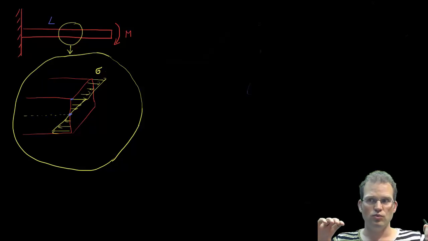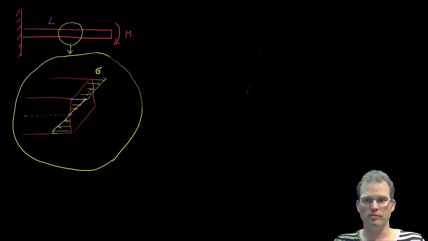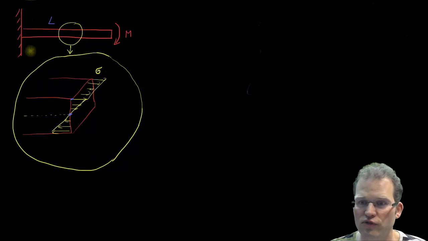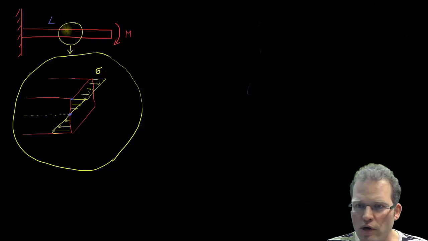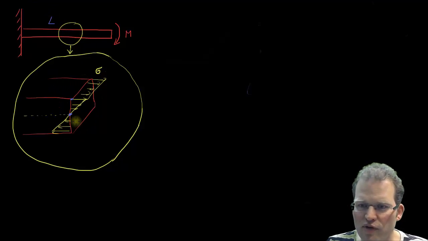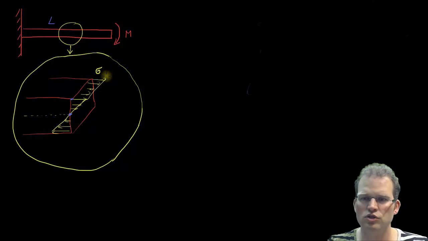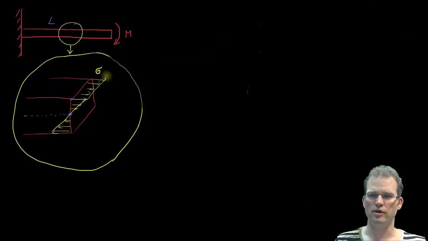But if you do not stretch a material, but you bend it, for example here in this little figure that I drew, where I place a bending moment on a bar that's stretched out from a wall with length L, and here I amplified a little bit of it, then you see that the bending stresses are only maximum at the outer surfaces of this bending bar.